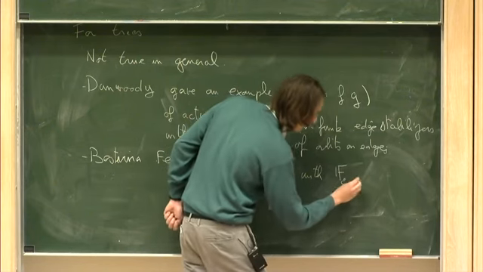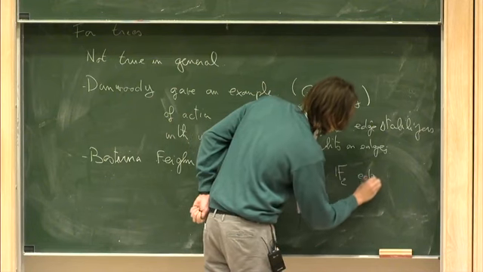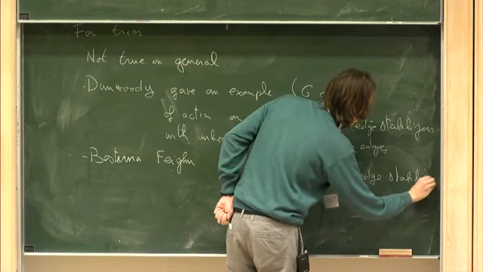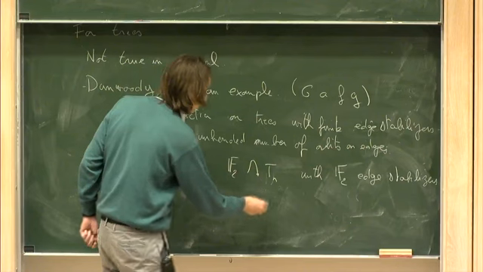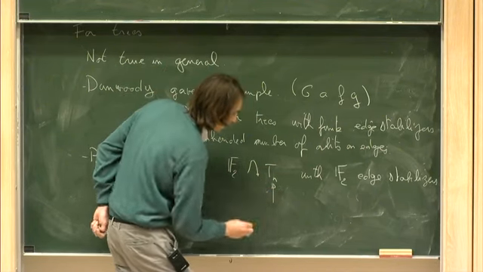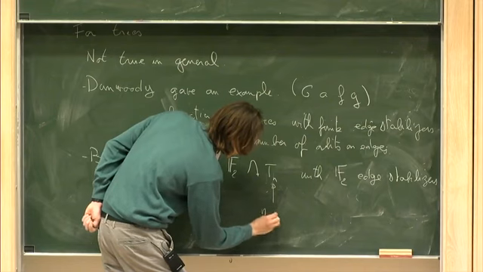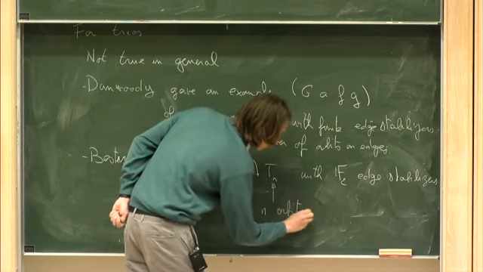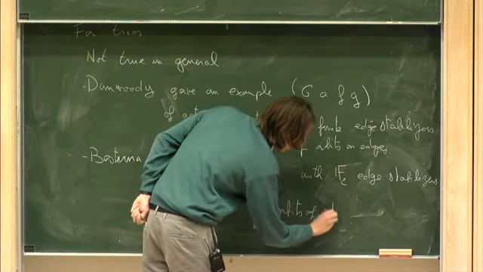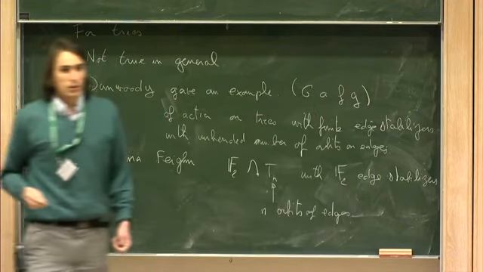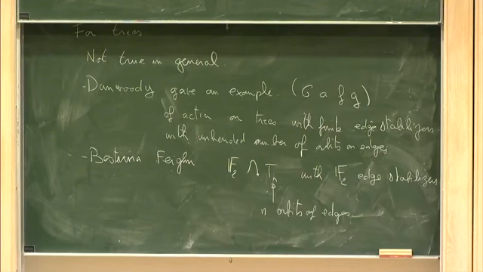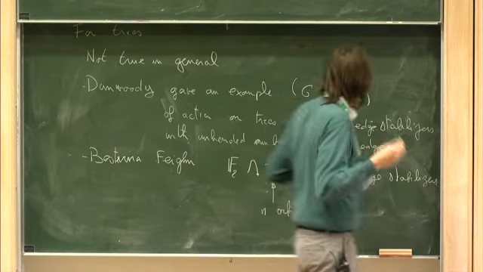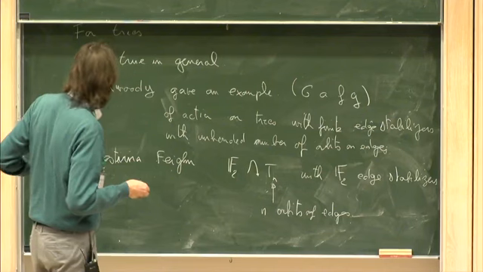So it's another F2 as edge stabilizers, and with a tree Tn that has n orbits of edges. So the question cannot be answered positively in the general case.